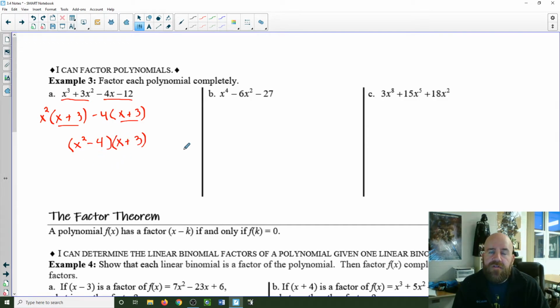Now we try to factor even further. x squared minus 4 we know is x minus 2 times x plus 2, and the x plus 3 will come down, and we are all factored.